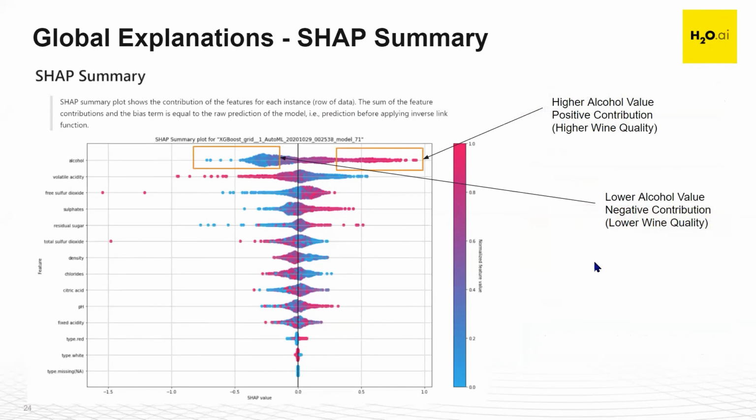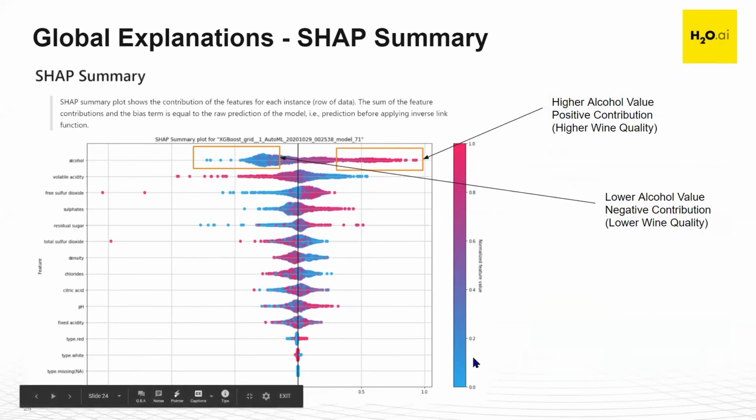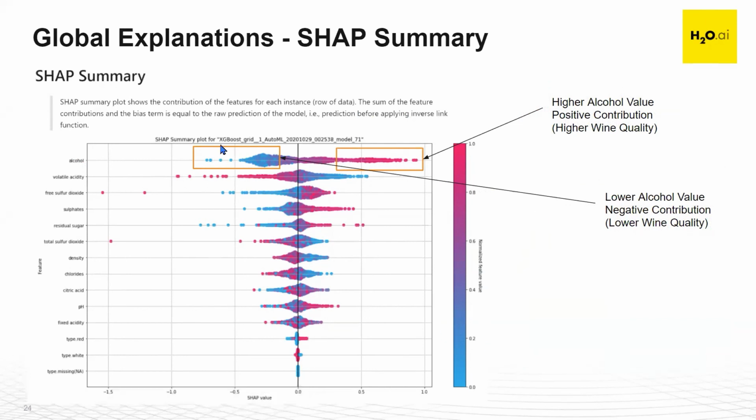So for example, if you look at the top feature here, the alcohol feature, and we look at the color of the feature. When it's more pink, that means it's a higher value of the feature. So for alcohol, the high values will be around this area, whereas the lower values of alcohol are mostly in this area.